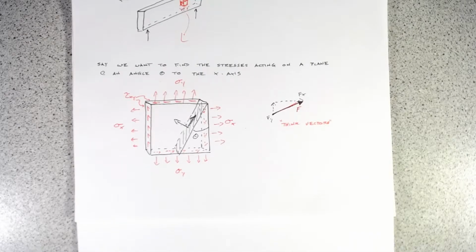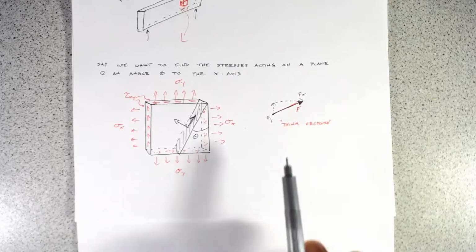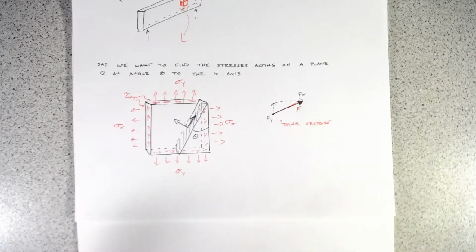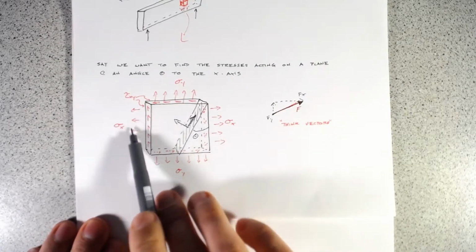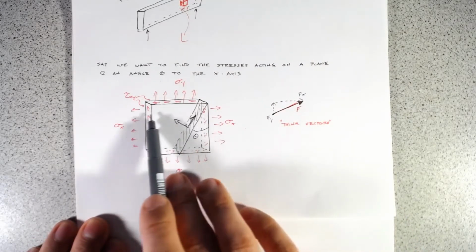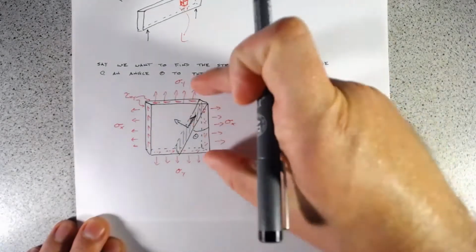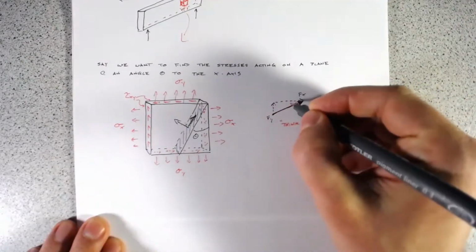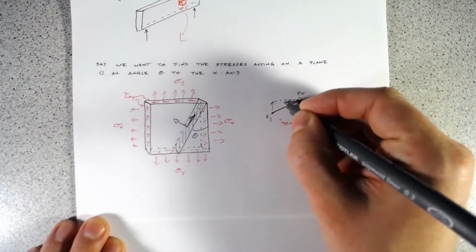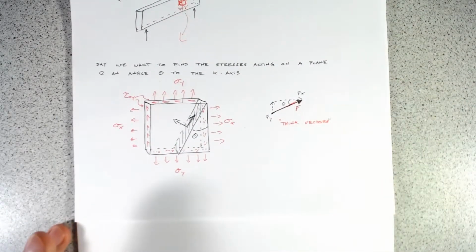The material cares about the total magnitude. So what we need to do is search for the biggest stress there. That biggest stress is going to be some combination of our normal stresses in the x and the y, and our shear stresses. And if you think about a vector, these are all acting at some angle theta.